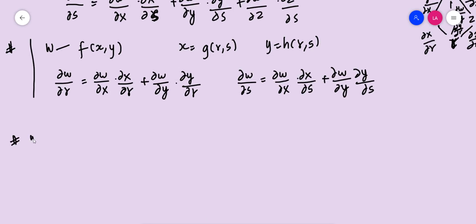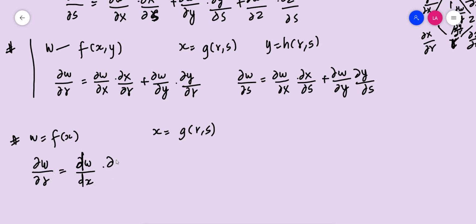Next, consider if w is equal to f of x and x is equal to g of r, s, then dou w by dou r is actually dw by dx times dou x by dou r, because w depends only on x, and dou w by dou s is actually dw by dx times dou x by dou s.